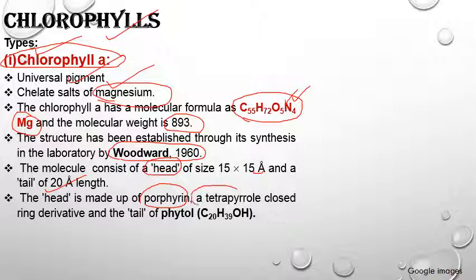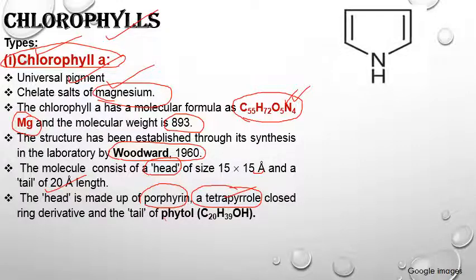Pyrrole is a heterocyclic compound that we'll see in this picture. So there are four pyrrole rings, so that's why this is known as tetrapyrrole. A closed ring derivative and the tail of phytol. And so head is made up of porphyrin ring, which is formed by tetrapyrrole, and a tail which consists of this phytol, and the formula of this phytol tail is C20H39OH.